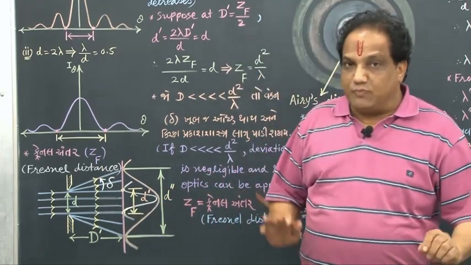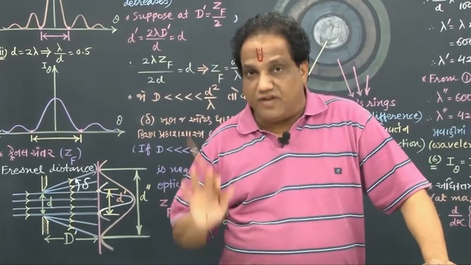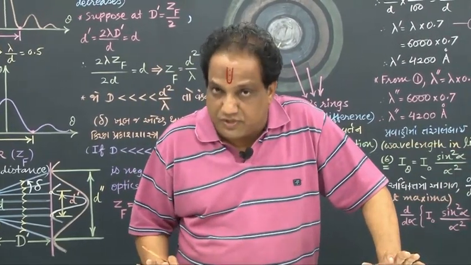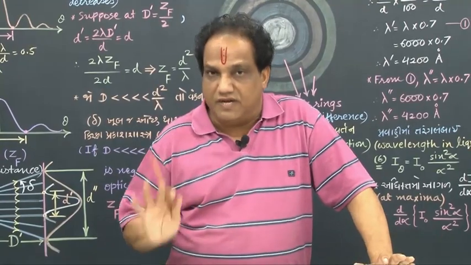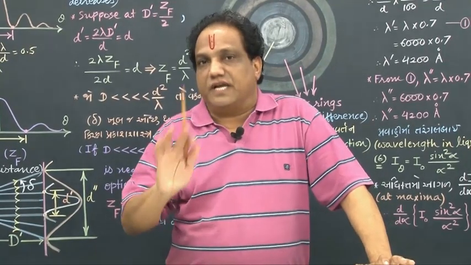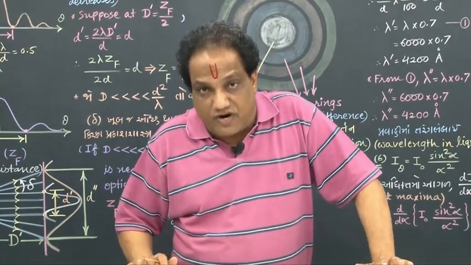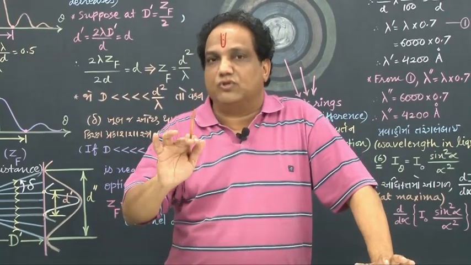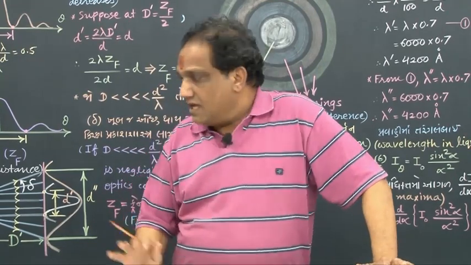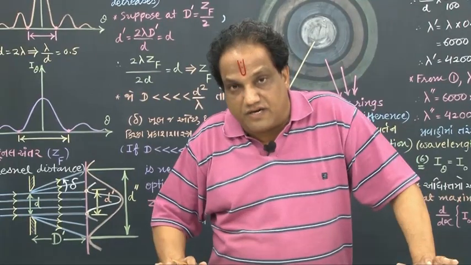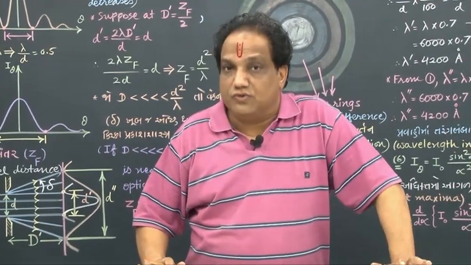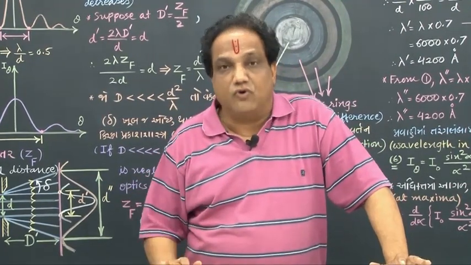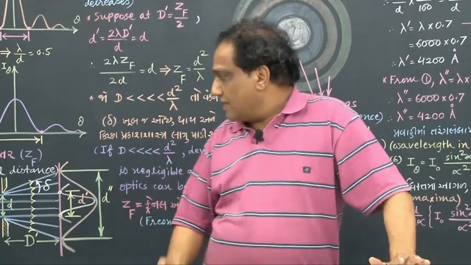My dears, in the textbook they have given very insufficient description, from which you will never understand one thing. Second thing, one diagram is required for understanding. The diagram also they have not given. Here I have drawn very clear cut diagram. So let us try to understand about Fresnel distance.